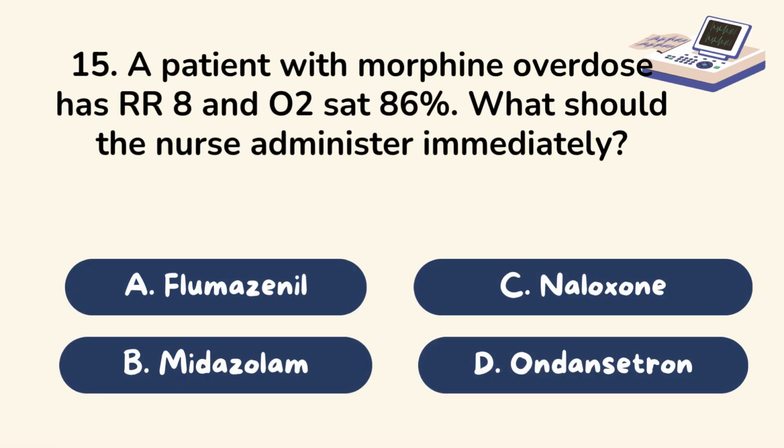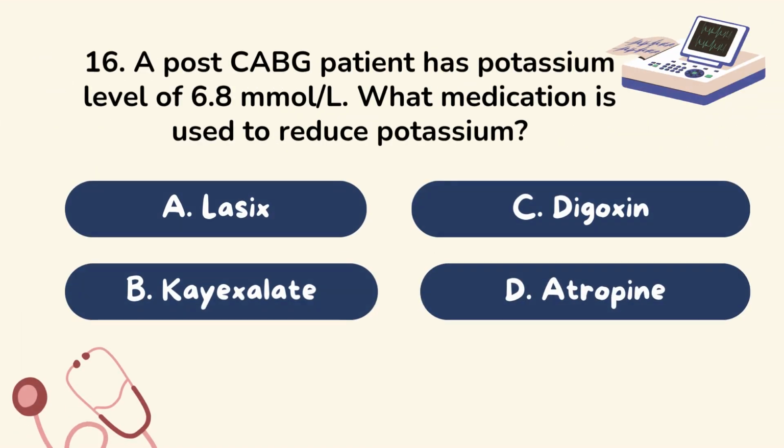A patient with morphine overdose has respiratory rate of 8 and oxygen saturation of 86%. What should the nurse administer immediately? A post-coronary artery bypass graft patient has potassium level of 6.8 millimole per liter.